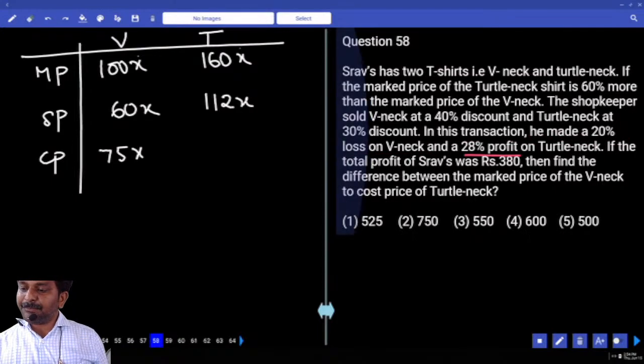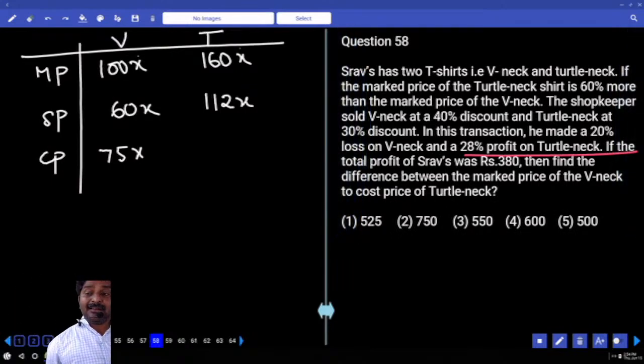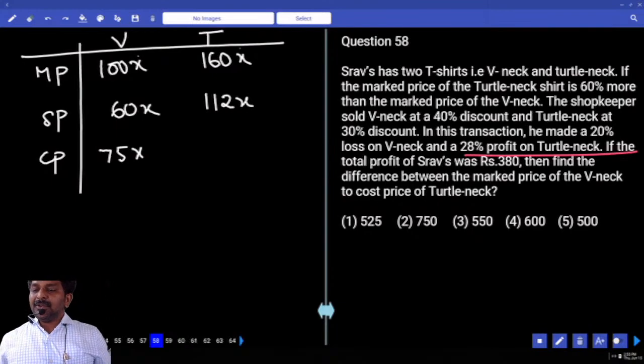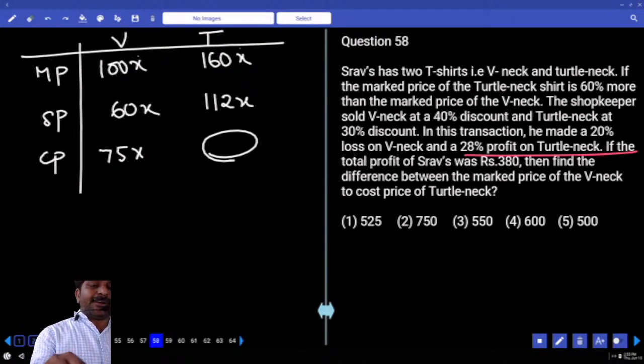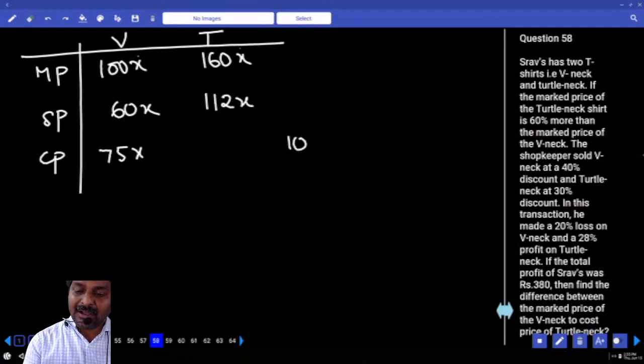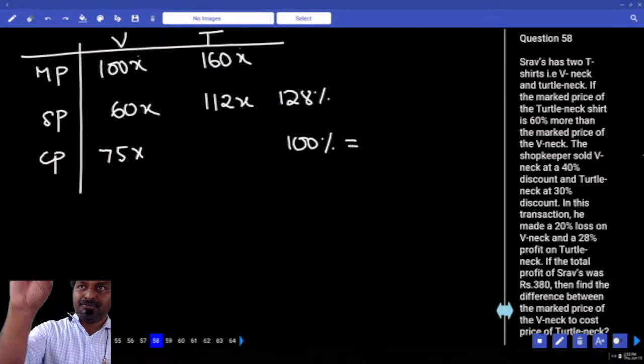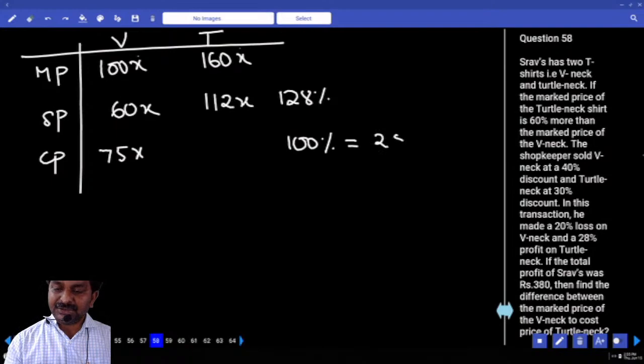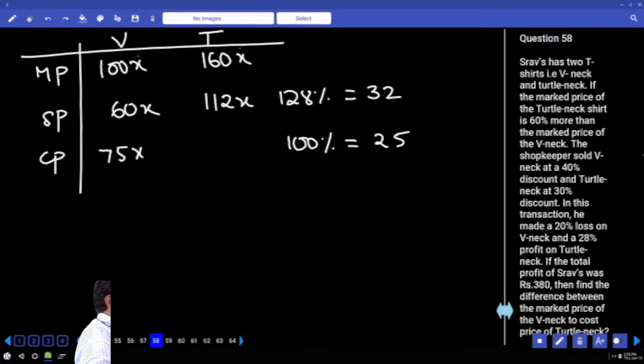And 28% profit on turtleneck. If the cost price is 100%, there is a profit of 28%, so it becomes 128%. Cancelling with 4, this is 25 and this is 32. 32 is equal to 112x.